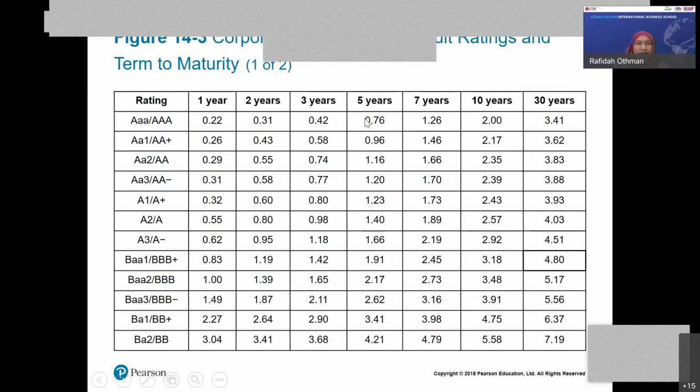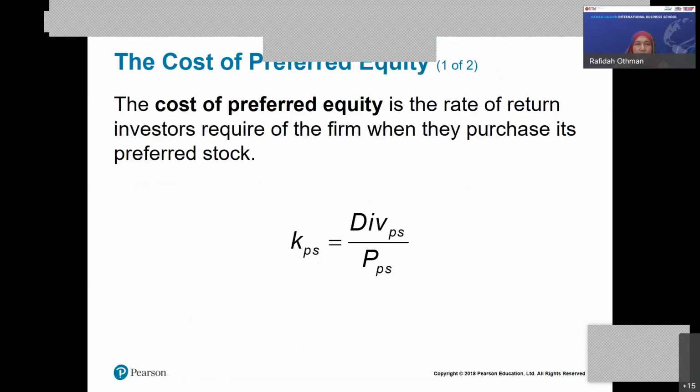And then look at the cost of preferred stock. The cost of preferred stock is the return required by the investor. Remember the formula we used just now when we calculated P? P equals D divided by R for preferred stock.